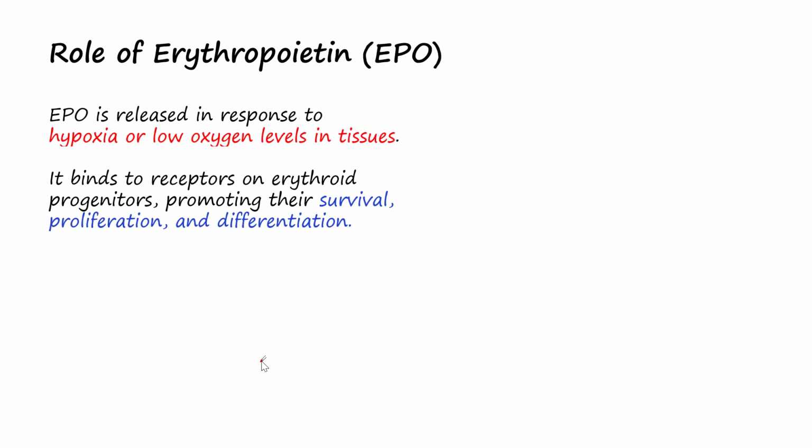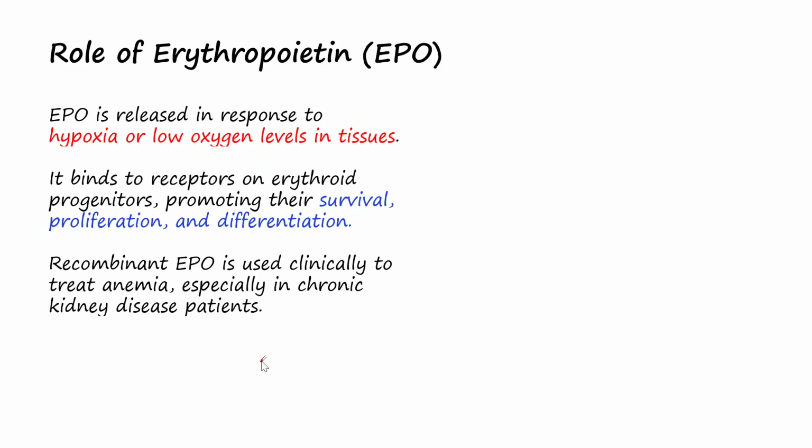Recombinant erythropoietin is used clinically to treat anemia, especially in chronic kidney disease patients.